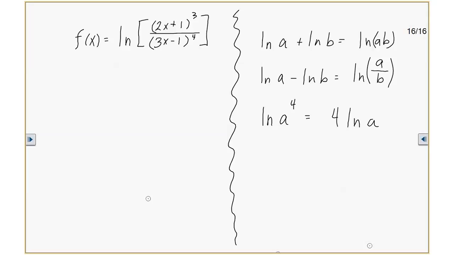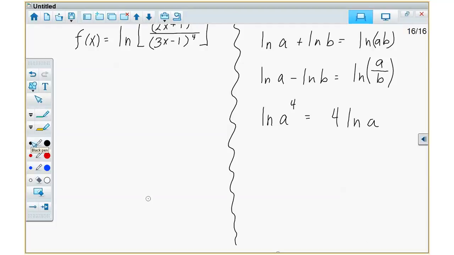Now, for those who like whips and chains, you could do this by 1 over (2x plus 1) cubed over (3x minus 1) to the 4th power, times the derivative of (2x plus 1) cubed over (3x minus 1) to the 4th, using the quotient rule, and work about 3/4 of a page of algebra. Or, what could you do?